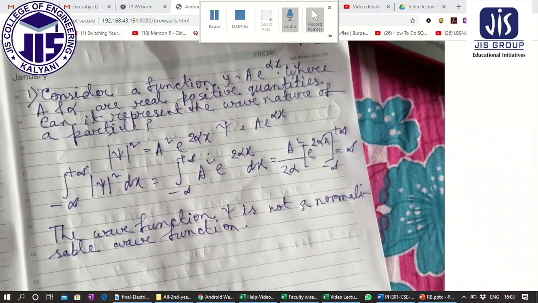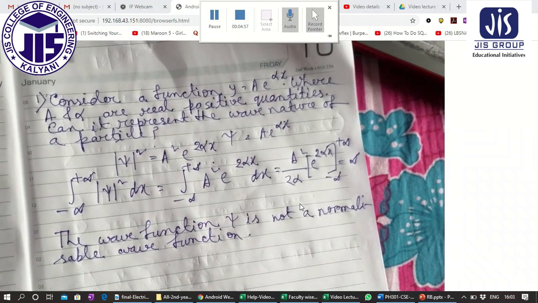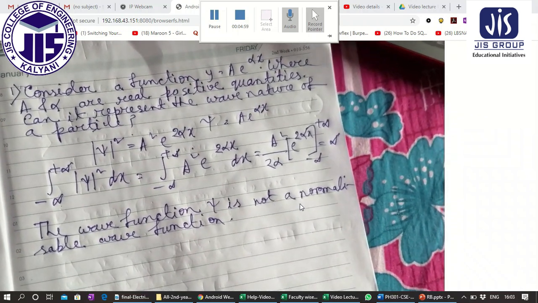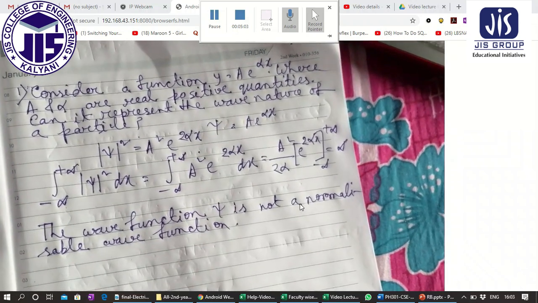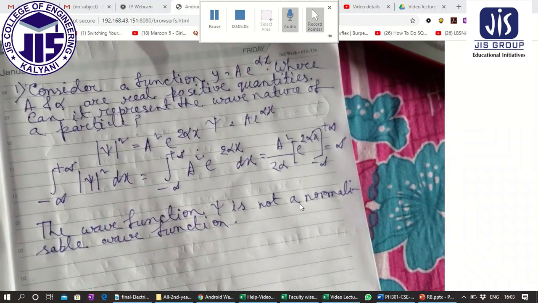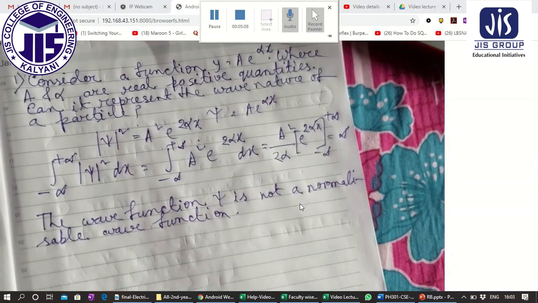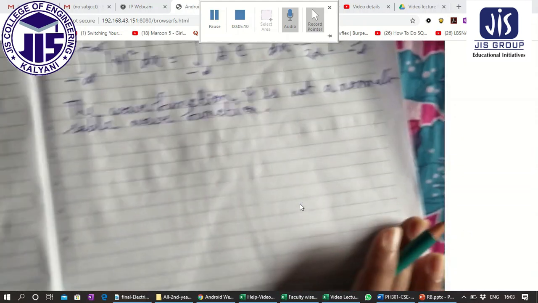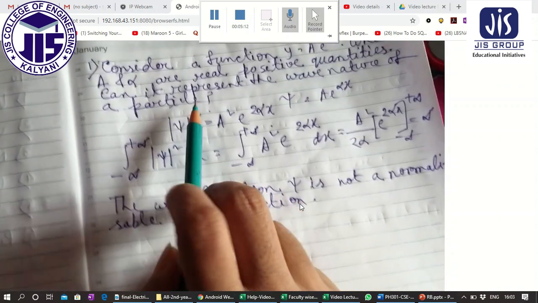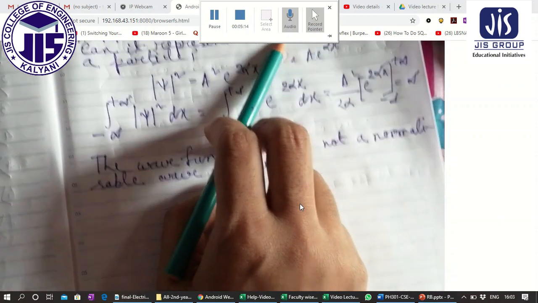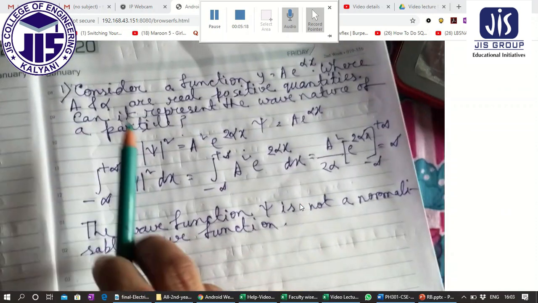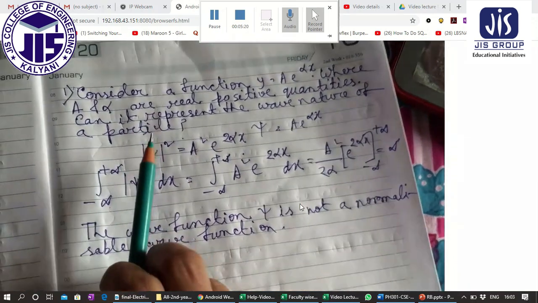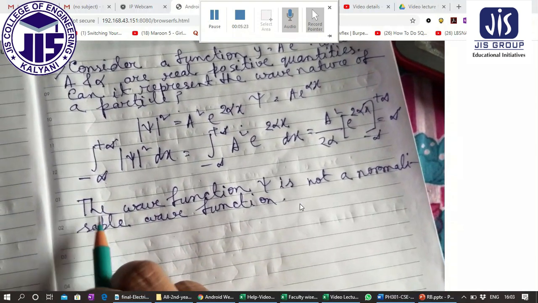Since it does not have this nature, it cannot represent the wave nature of a particle. So this is the first numerical. Whenever we are asked whether it can represent the wave nature of a particle or not, we have to check the normalization condition.